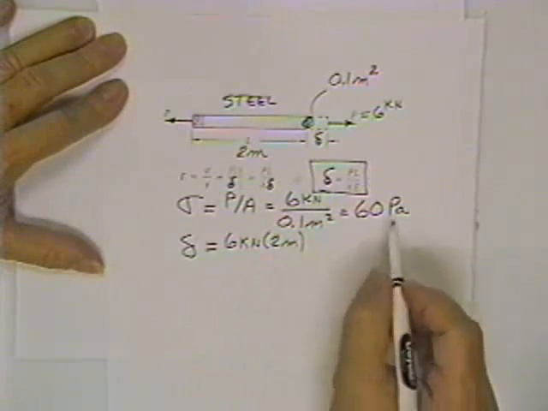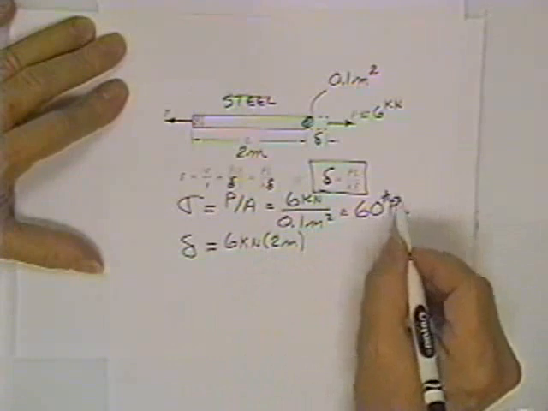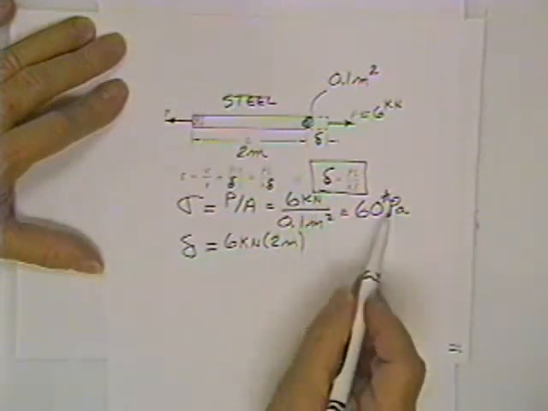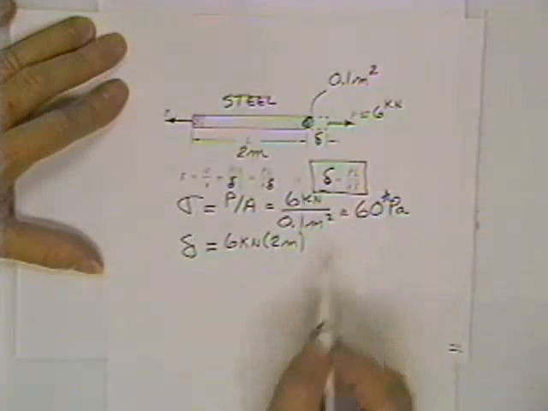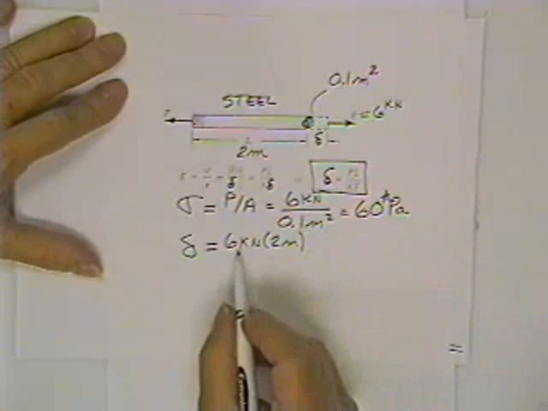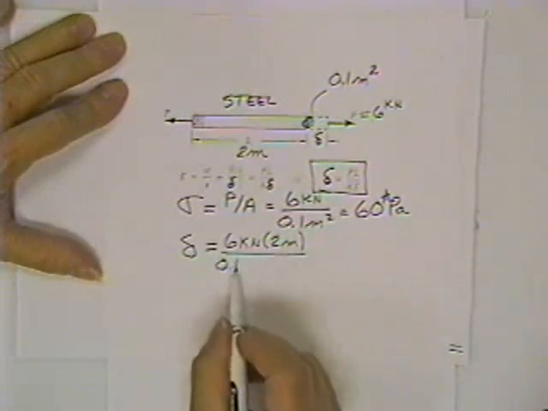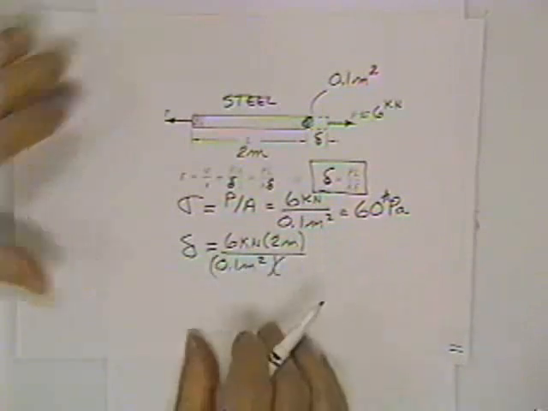Let's see now, I got this wrong, don't I? That's not a pascal. It would be a kilopascal, because that's a kilonewton. A newton per square meter is a pascal. I got 10 to the third here, so I need 10 to the third here. So that's 6 kilonewtons times 2 meters, PL, over A, 0.1 square meters, divided by E.